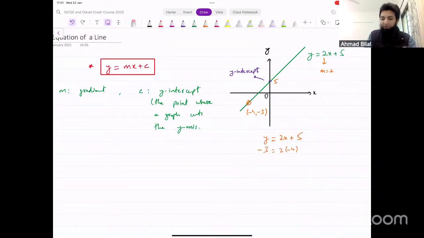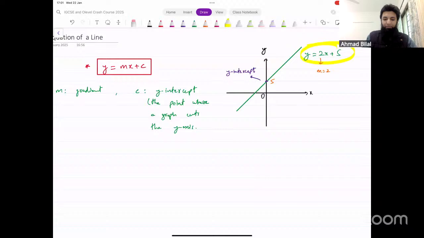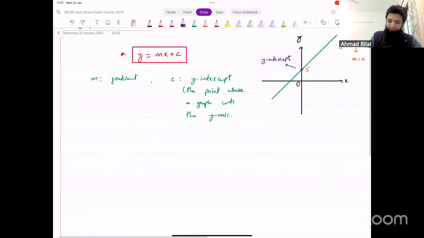So y equals 2x plus 5 being the equation of this line means that every single point on this particular line, on this green line, will satisfy the equation of this line. Okay? That's what it means for this equation to correspond to this line. That every point that lies on the line will satisfy its equation. You can write that down here as well.